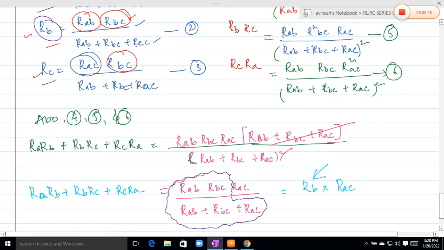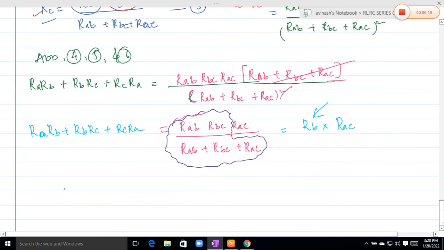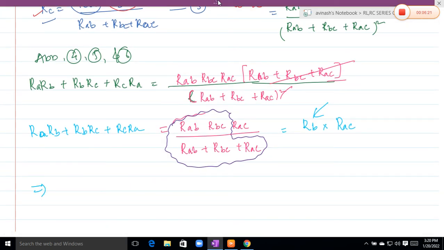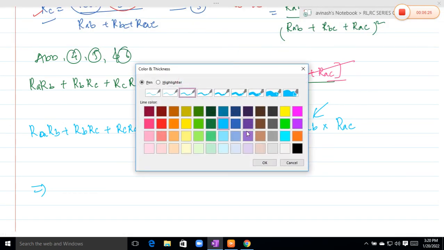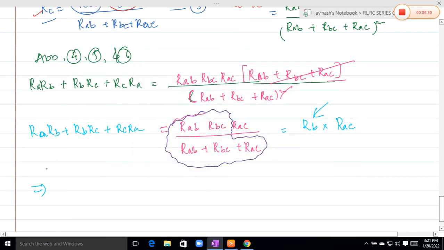Now I want to find the value of RB, that implies the value of RB is equal to RA-RB plus RB-RC plus RC-RA whole divided by RAC.